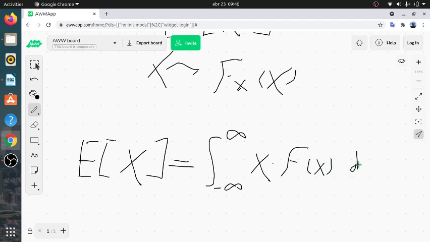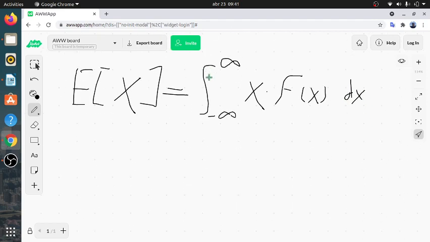This is the general, intuitive definition of the expected value of a continuous distribution, but this is not the one we're going to use. We are going to use a special case or property.